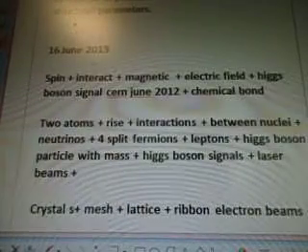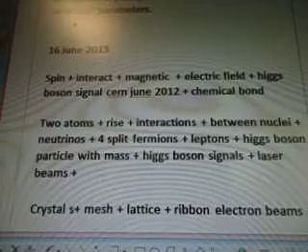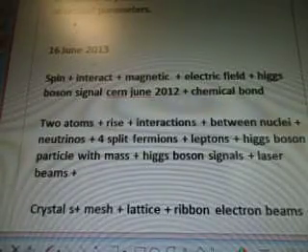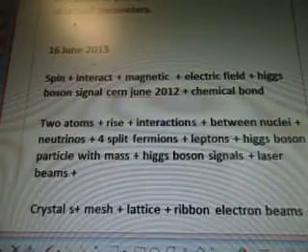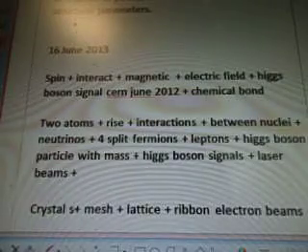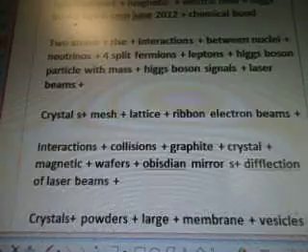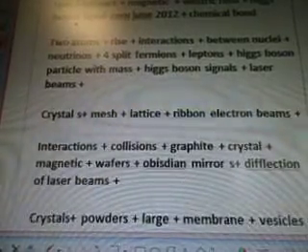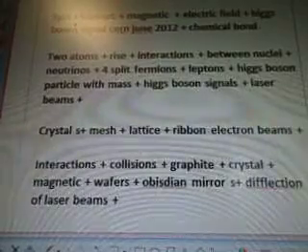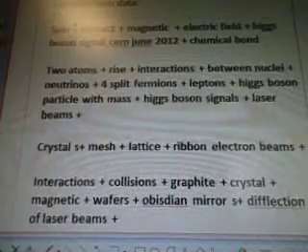June 16, 2013. Today's July the 7th. So the spin interacts with a magnetic electric field: Higgs boson signal from CERN, June 2012, chemical bond, two atoms rise interactions. Oh, hold on, sorry. This is the formula from the data.